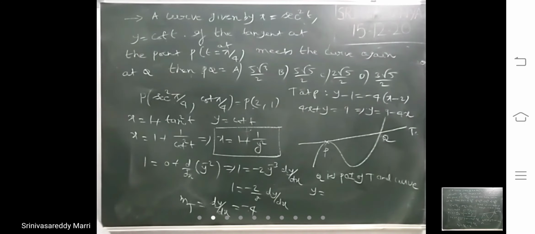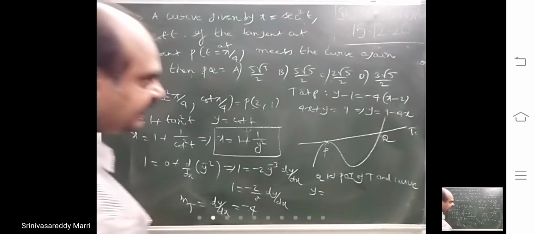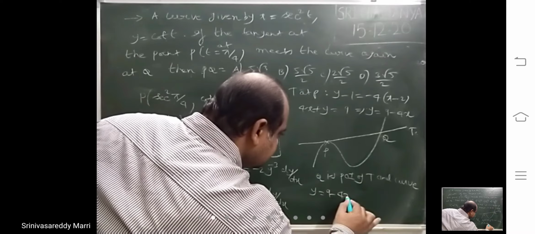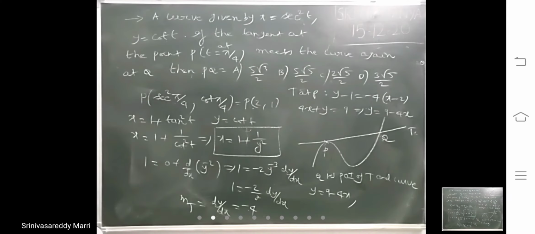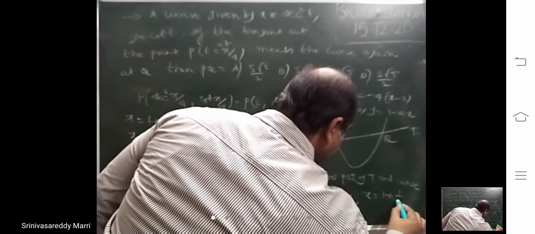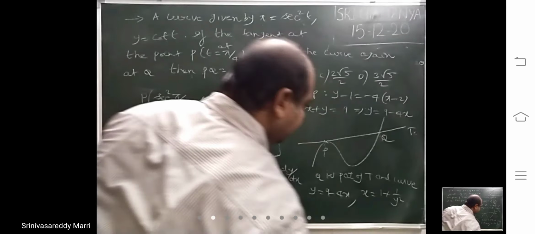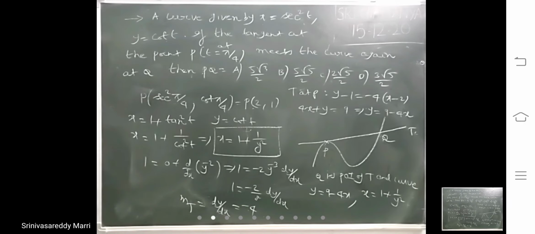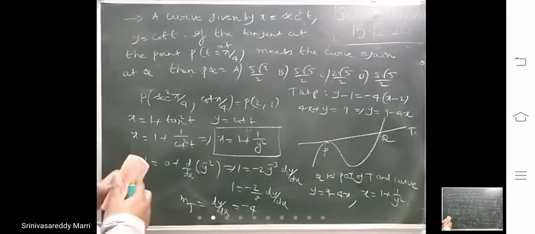So that means what are those? y equal to 9 minus 4x, the tangent, and the curve is nothing but x equal to 1 plus 1 by y square. Let us solve this.